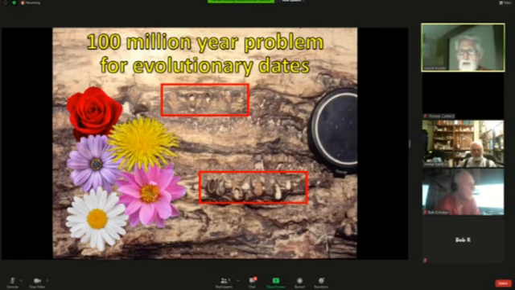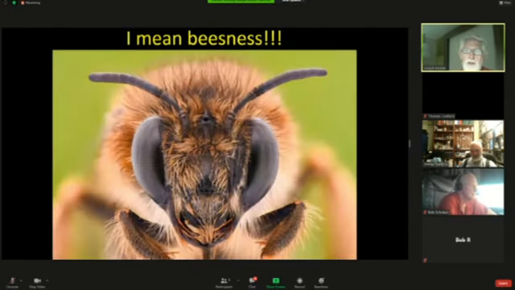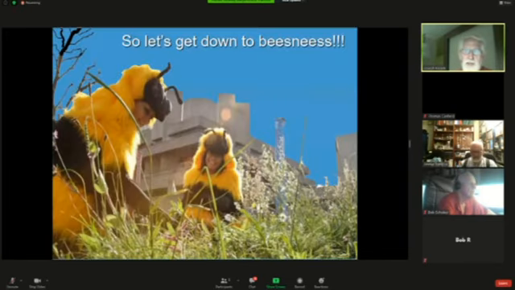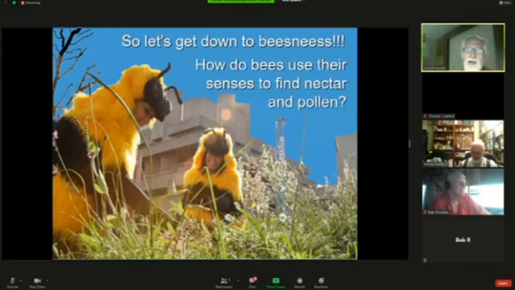Instead of being the amber itself from the tree sources of resin, it's the honeycomb here, the combs from animals that require flowering plants as well. So this bee is saying to us, I mean business. So let's get down to business and ask this first question: how do bees use their senses to find nectar and pollen?